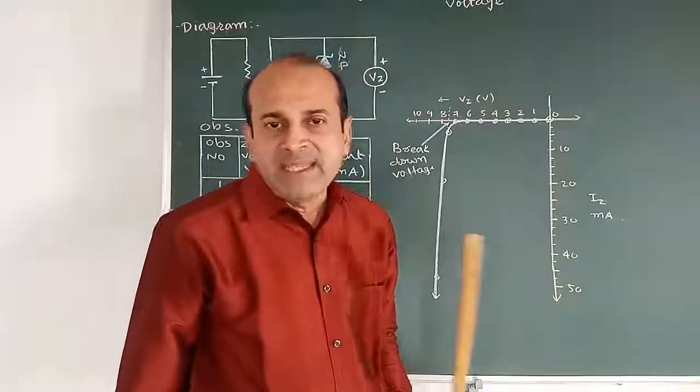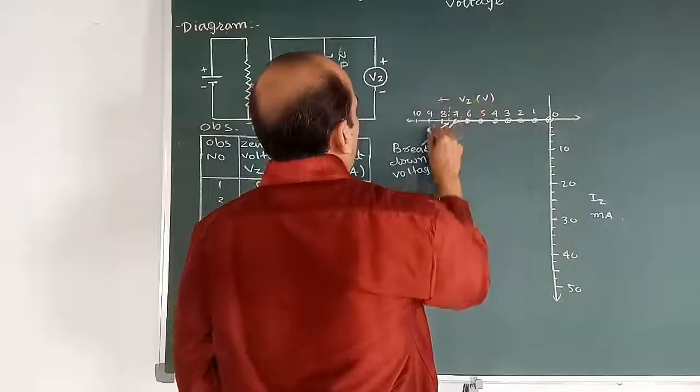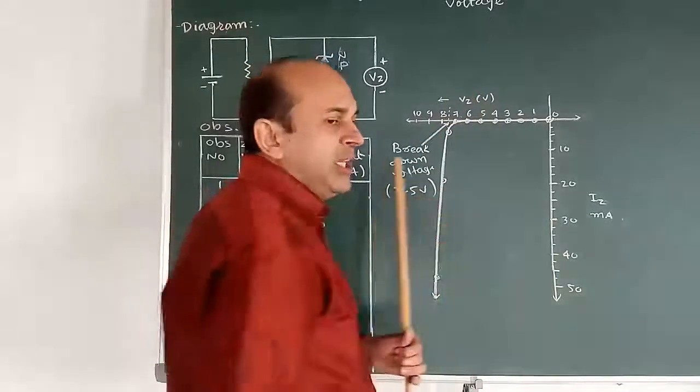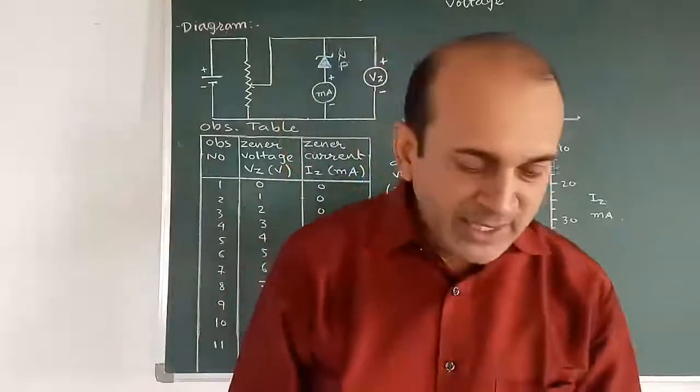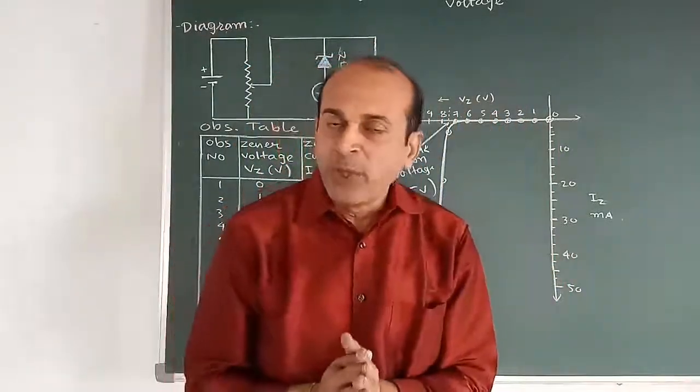So we can say the breakdown voltage is 7.5 volts. In the result you can write that the breakdown voltage of the Zener diode is 7.5 volts.